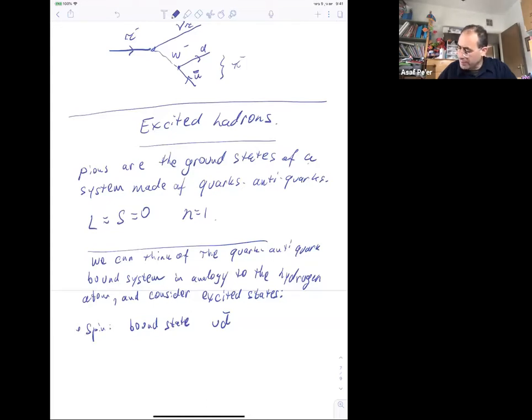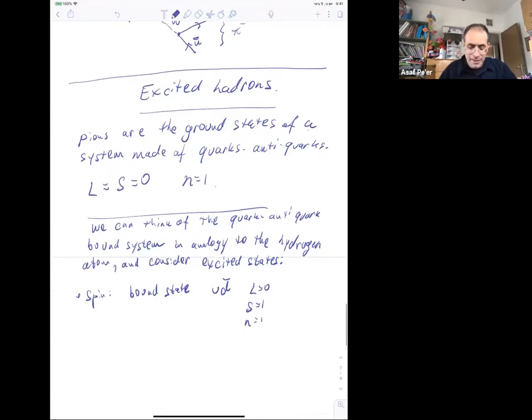But now we have L equal to 0, but S equal to 1, and N is equal to 1, still in the ground state, right? So you can think of that as an excited charged pion with two spins pointing up. So pion plus with two spins pointing in the same direction.